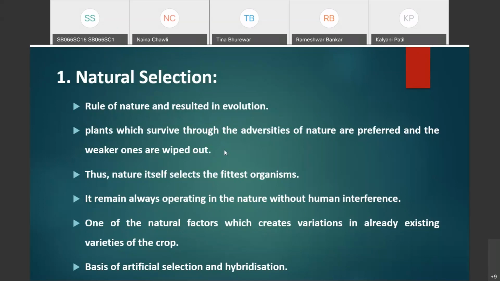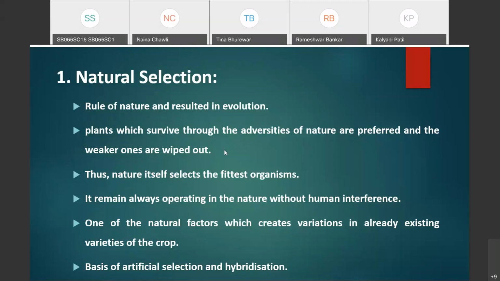It remains always operating in nature without human interference. It is one of the natural factors which creates variations in the already existing varieties of the crop.